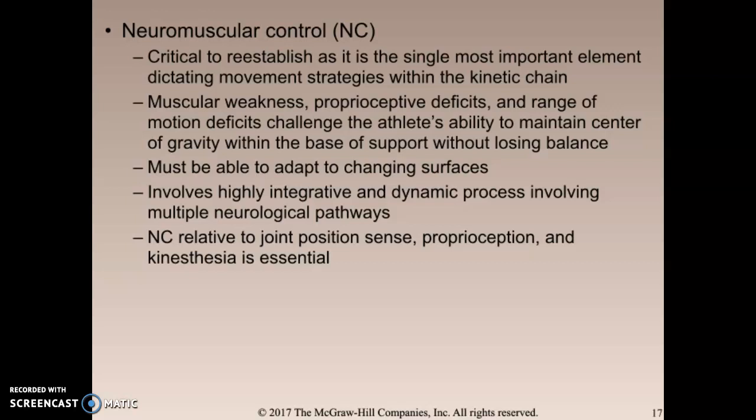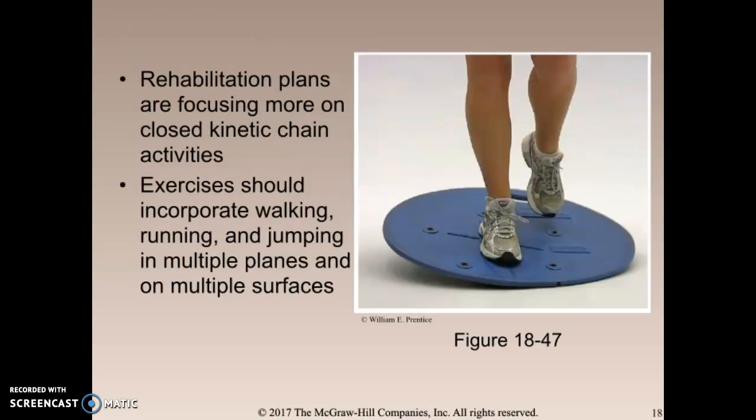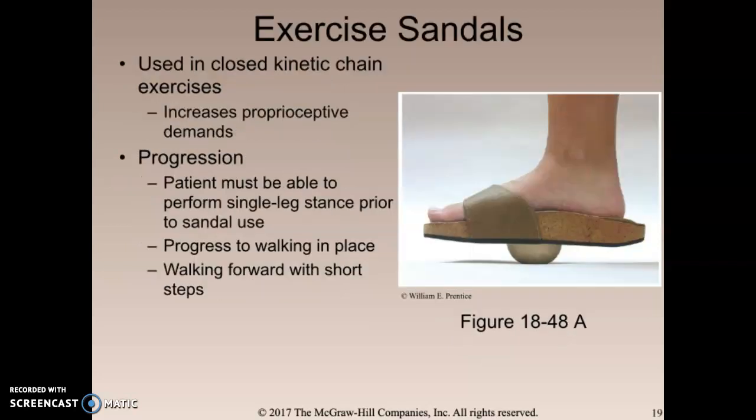Okay, some neuromuscular control. Lots of different unstable exercises that we can do, but we want to start with just single leg balancing, trying to just balance on that foot for 30 seconds or 60 seconds. And then we can progress to our different unstable surfaces. We can utilize a BAPS board. We can utilize an Airex pad, which is just a foam pad that's unstable.